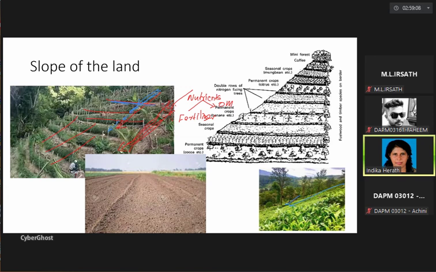You have a permanent crop here, in this case banana. If you go further, along these permanent crops there are some cash crops and seasonal crops, but all of them are in contour directions. You can see that they are along the contours.